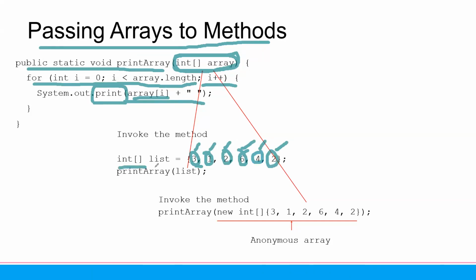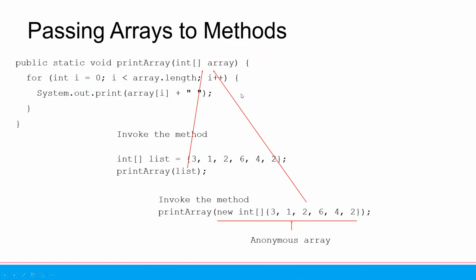So this is the list, which is an array. We know it is an array because there is a square bracket. Now you can see if I want to do the initialization like this one, I have 3, 1, 2, 6, 4, 2, and then I want to print.